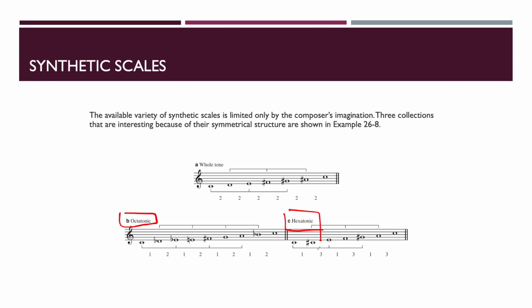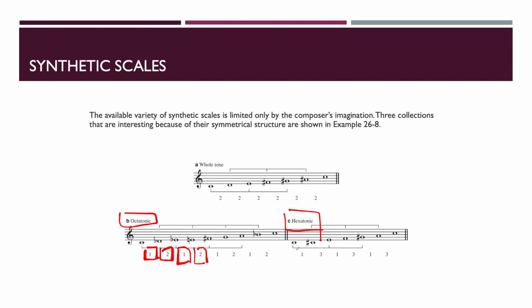Hexatonic, actually, they mean octatonic consists of 8 pitches and hexatonic consists of 6 pitches. But if you hear only octatonic scale, probably this particular order of intervals is meant. One semitone, two semitones, one semitone, two semitones, etc. This symmetric construction.